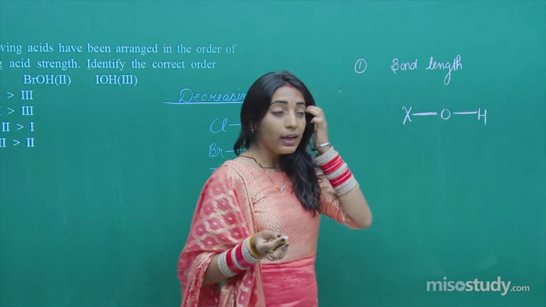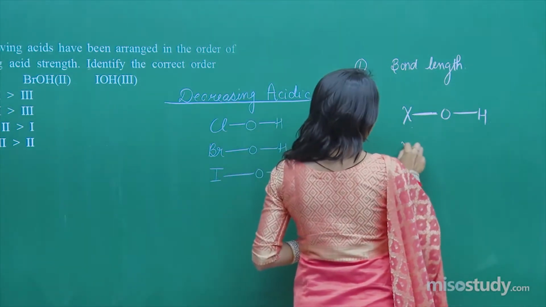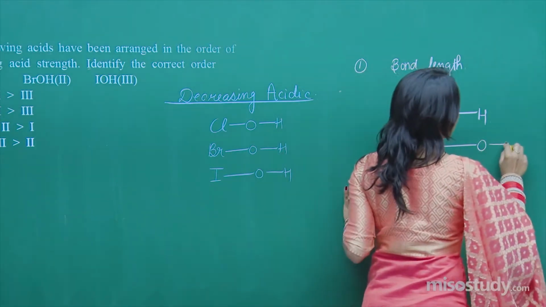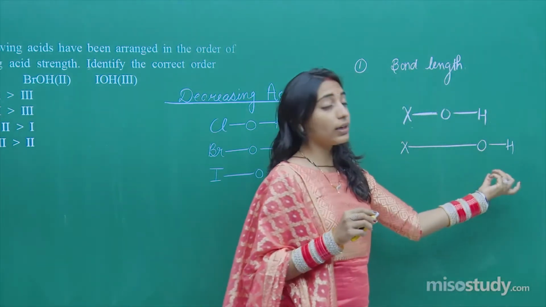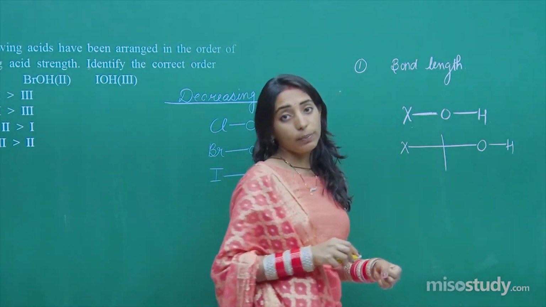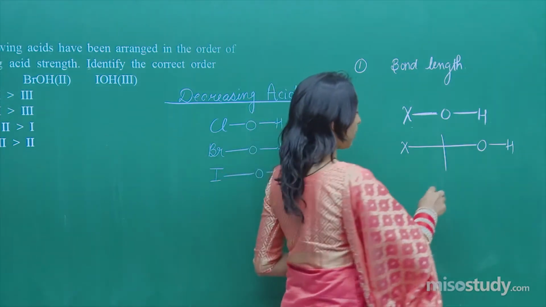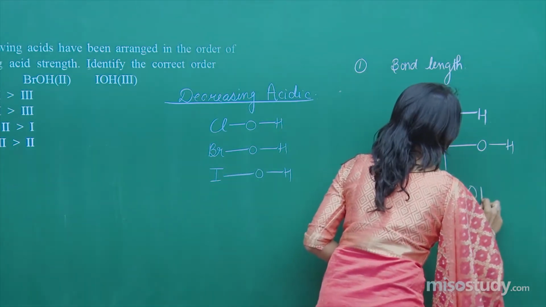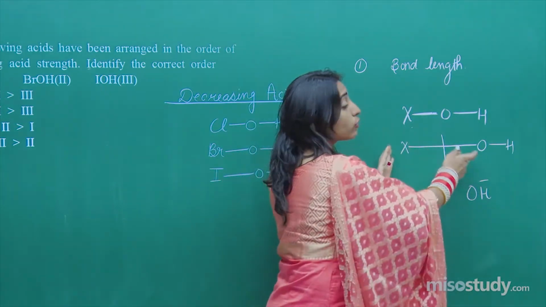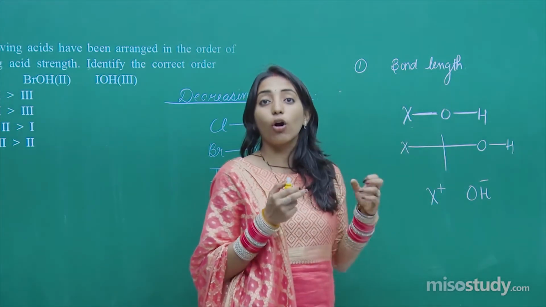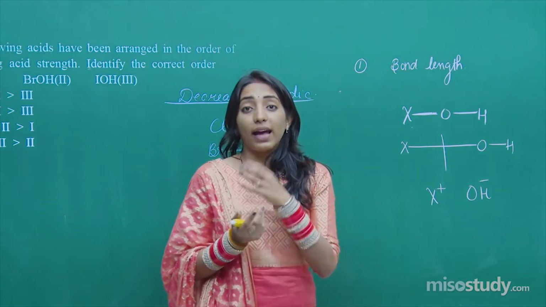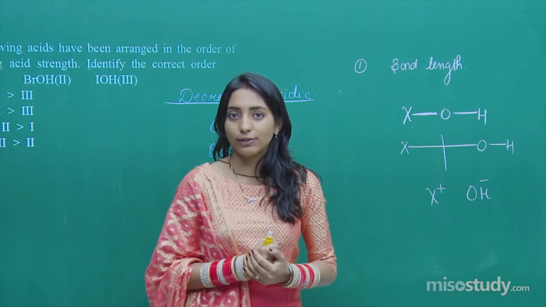If the X-O bond is longer and the O-H bond is smaller, the O-H is stronger. Then when you dissolve it in water, the X-O bond will break and you will get X plus and OH minus. That means the compound having a quite long or weak X-O bond behaves as a base in nature.